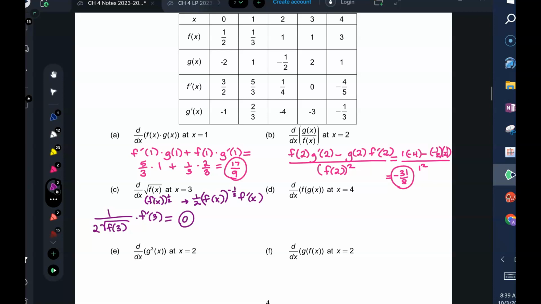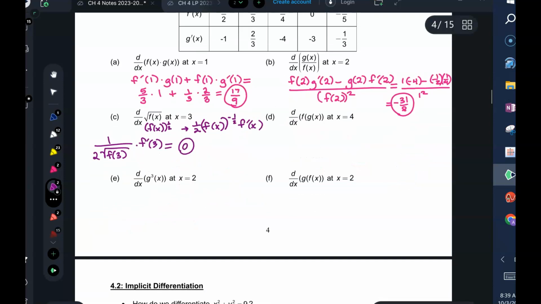Okay, f of g of x. This is just the chain rule. So this would be f prime of g of x times g prime of x. So we want f prime of g of 4 times g prime of 4.